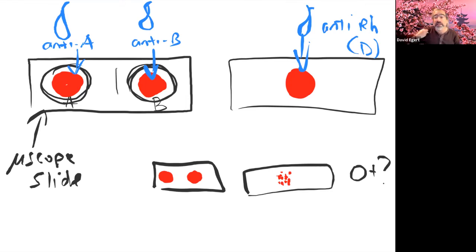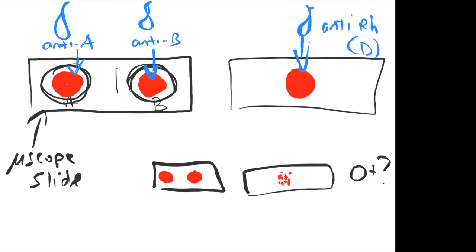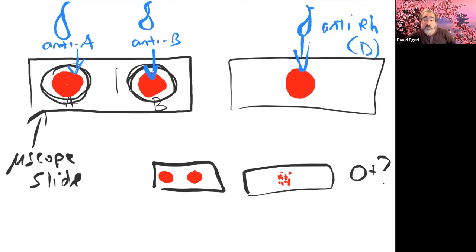How about me? I am type A positive. What's it going to look like if you put my blood through this test? There would be one for the anti-A, you would see it. And then also the Rh. So if I'm A positive, what kind of antigens does my blood have on it?